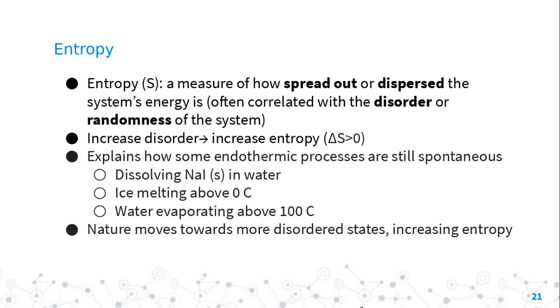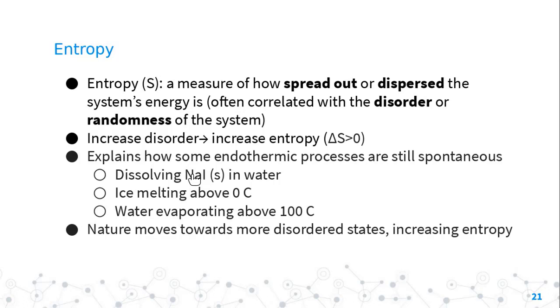But by adding this entropy component, this can explain how if you do have an endothermic process, this can still happen spontaneously. Some examples of this would be dissolving sodium iodide in water, because when you break bonds, you need to add energy for that to happen. So that would be considered endothermic. But if you put that into water, or NaCl or any other very soluble salt, you know that if you put salt in water, it will dissociate on its own.